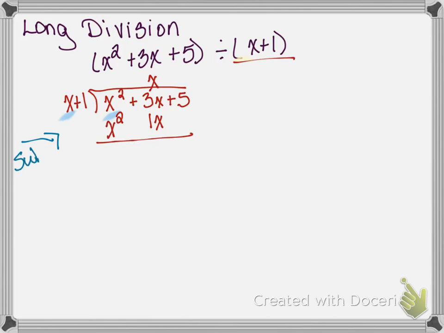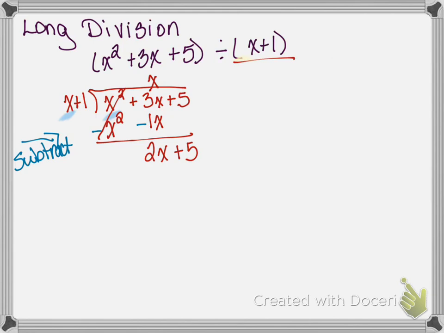They forget that we are subtracting. Okay? So don't forget that you're subtracting. My x squared and my negative x squared cancel, which is what we want to happen. 3x minus 1x is 2x, plus 5.